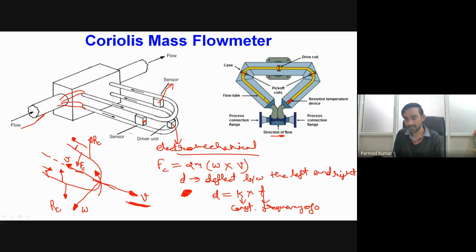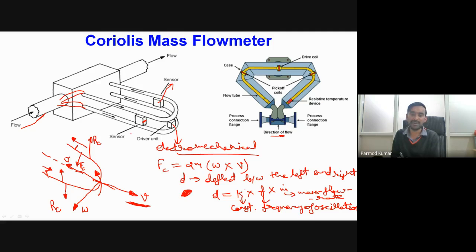So whatever the rate at which we are forcing the tube to oscillate, that frequency is f, times m dot, where this m dot is the mass flow rate of the fluid medium. So you can see over here that our mass flow rate has a direct proportionality relation with the deflection, the relative deflection of the tube material.